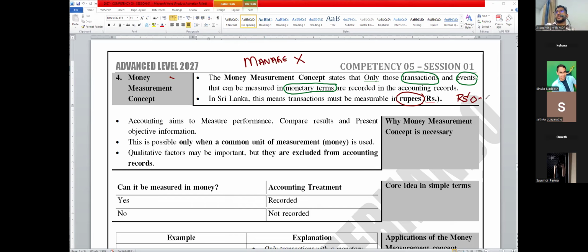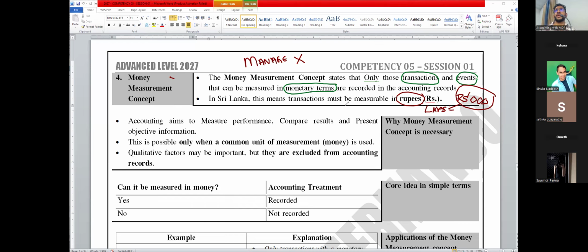This is also explained in LKAS 1. You have to disclose whatever currency you are using, and what rounding you're using. Understood? Let's continue.